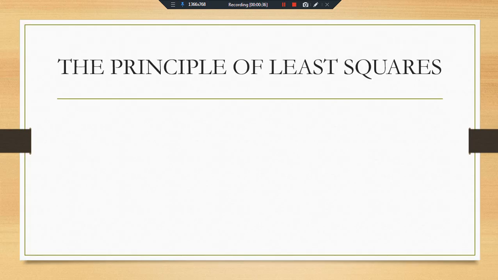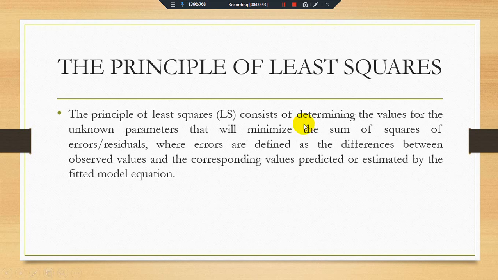Okay, before the formulation, let's see one definition of the principle of least square. The principle of least square, LS, consists of determining the values for the unknown parameter that will minimize the sum of squares of the error or residual, where errors are defined as the difference between the observed values and the corresponding values predicted or estimated by the fitted model equation.